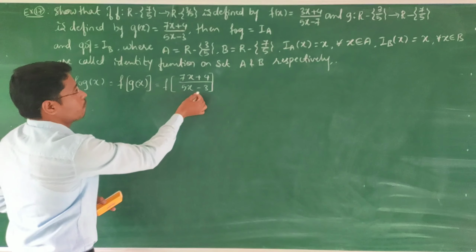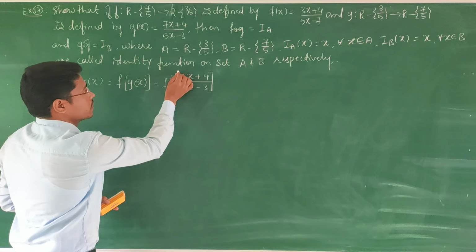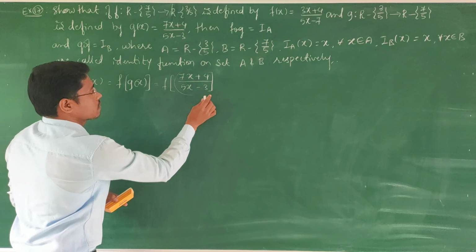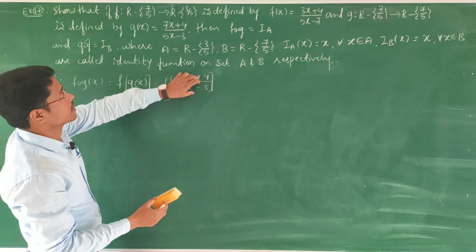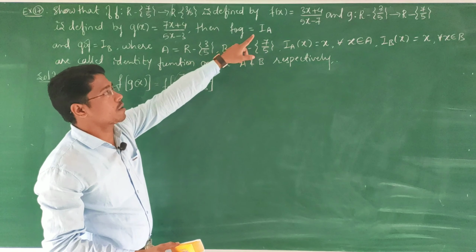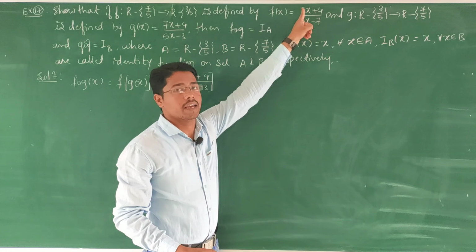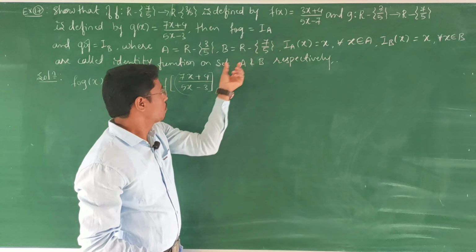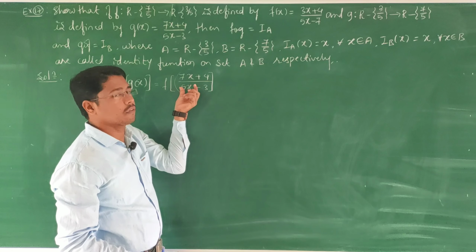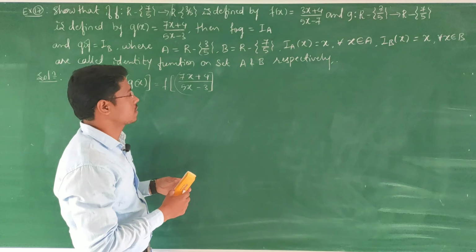Now this entire expression is our x, so put this in the function f(x). Wherever x is there in 3x and 5x, in that place put this expression. This is our f(x), right?